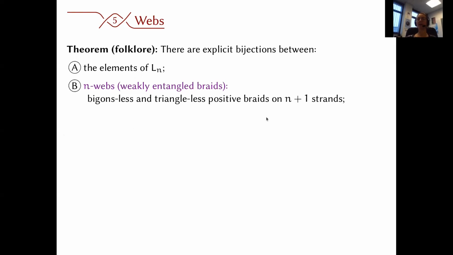So it means that I have these braid diagrams, which you have seen before, on n+1 strands, only positive crossings, and I want them to be bigonless and triangle-less. So I don't want to see bigons. It means every two strands will intersect only once. And I don't want to see triangles, which means that you cannot have three strands which pairwise intersect.